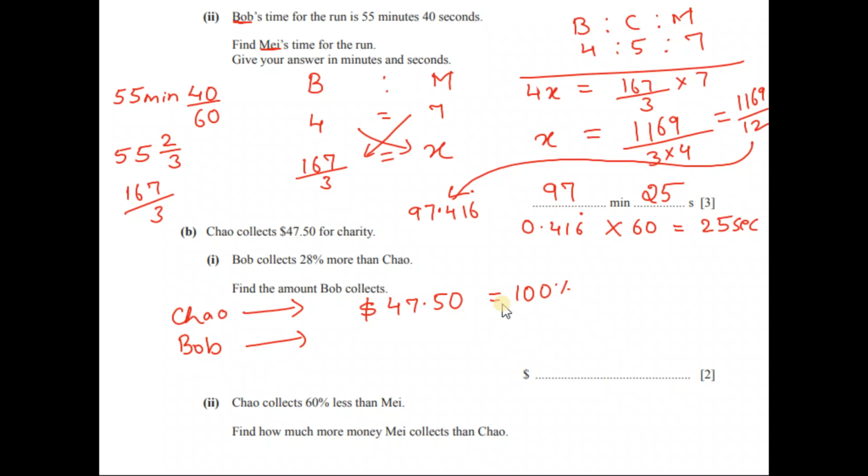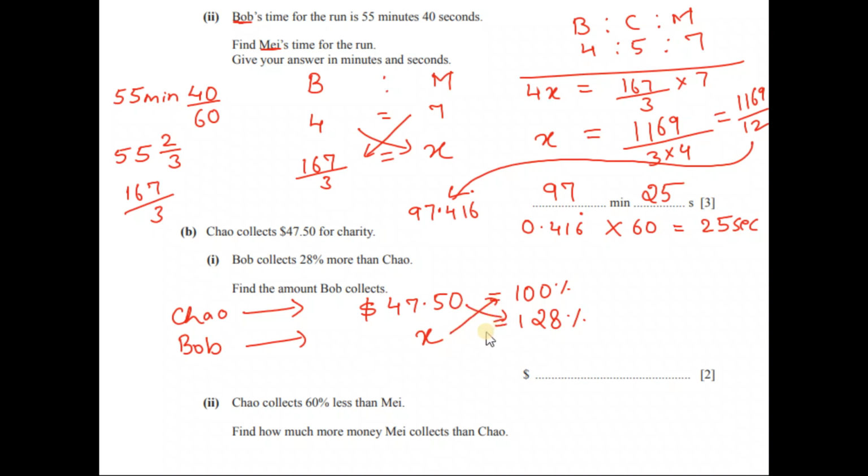Bob had collected 28% more than Chow, so I can easily say that Bob's amount is 128%, because it's 100% already what Chow had and 28 more than that. So it is 128%.